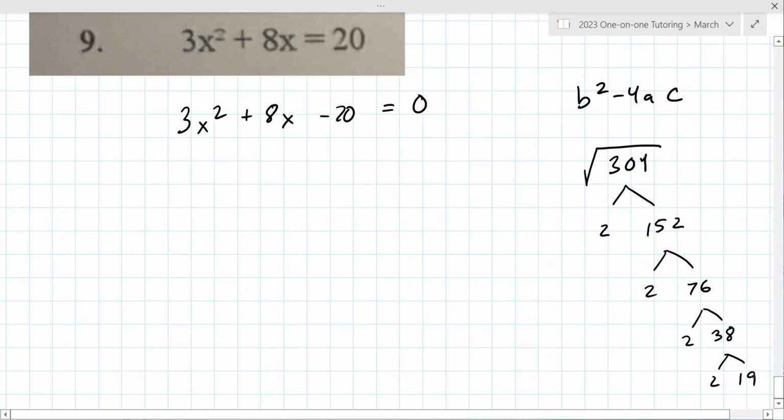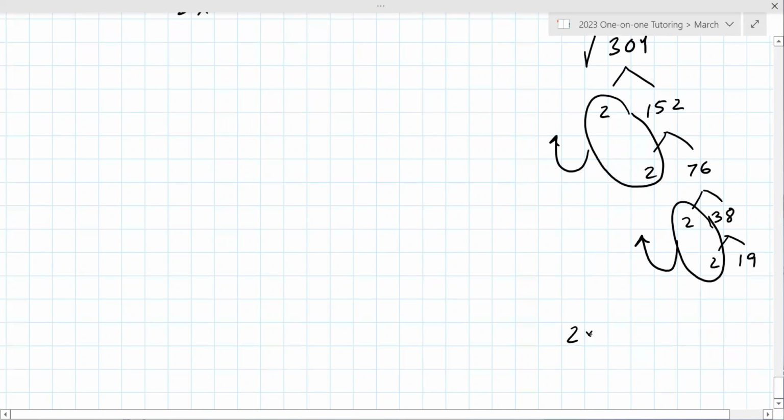Okay. Yeah. All right, so now for each pair of 2s, you can bring one out. So that means it becomes 2 times 2 square root of what's left over, which is the 19. So 4 square root 19.